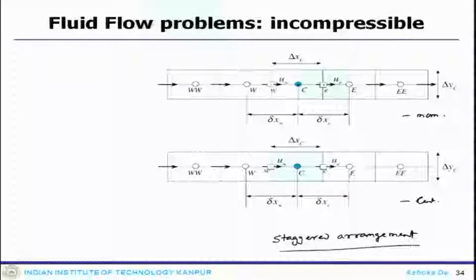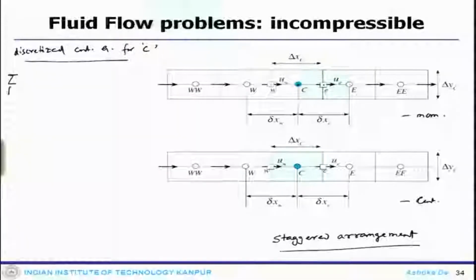Now, if you look at the discretized continuity equation for element C, it provides the summation over faces of m dot f, which is m dot E plus m dot W, equal to 0, or UE minus UW at the faces equal to 0.